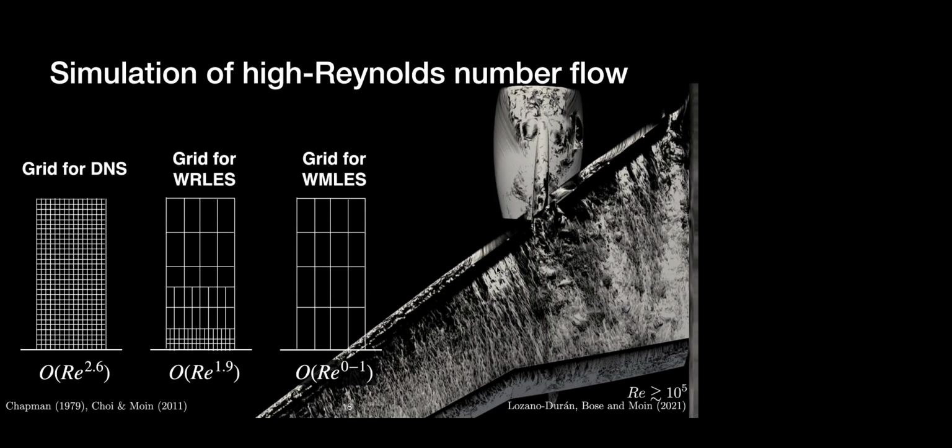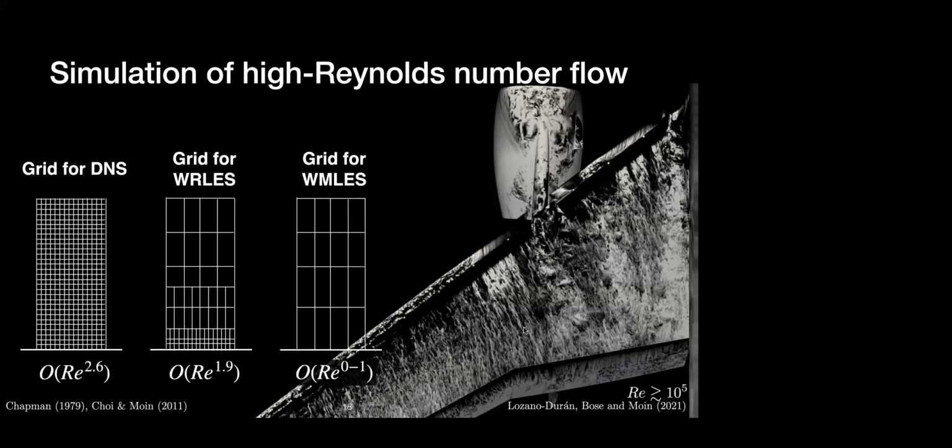This is a simulation of a NASA high lift configuration, and you can see there is very diverse physics going on in this flow. But the way this simulation was done was using wall modeled LES. That was this last example here. And basically this took maybe one day or a bit less using a reasonably sized supercomputer.